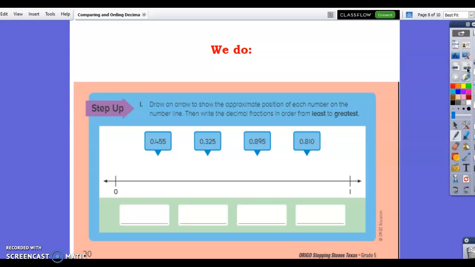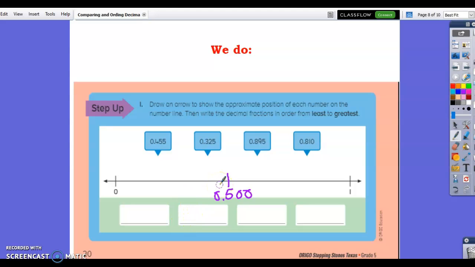So you're going to draw lines where you think that they're going to go. Again, a good reference point is always put your 5/10 or 500 thousandths in the middle. That way you know where to go. And then it says, then write down the decimals in order from least to greatest.